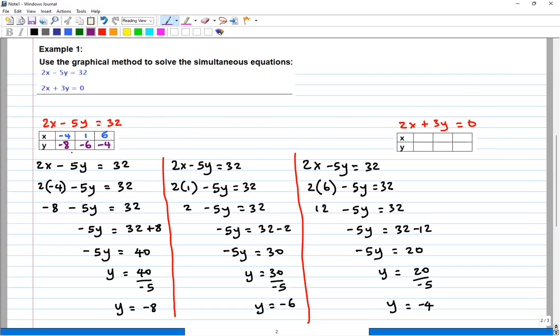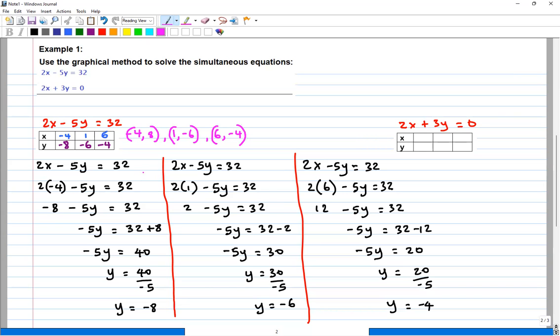Okay, I believe now you understand that. So the coordinates of x and y for this will be minus 4, minus 8, then 1, minus 6, then 6, minus 4.